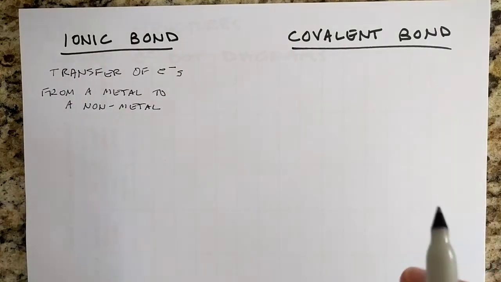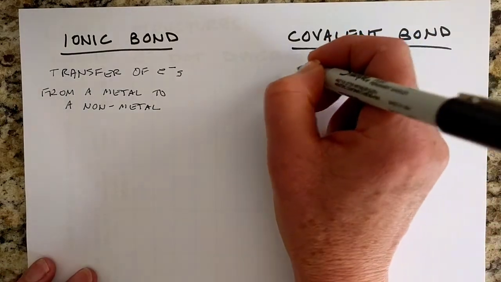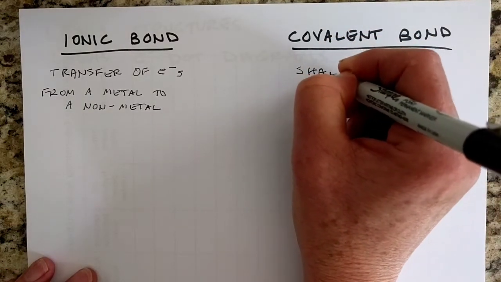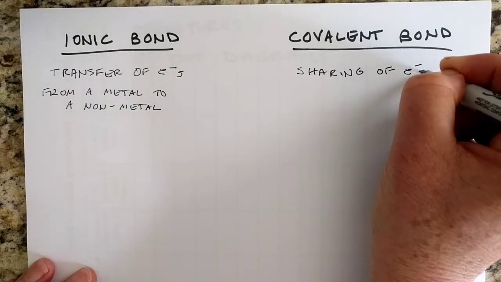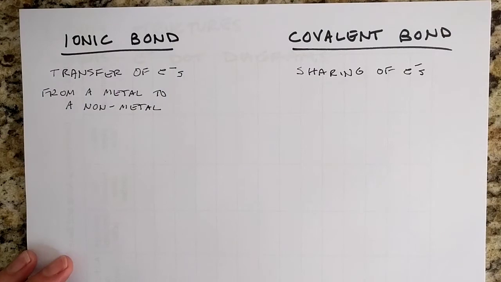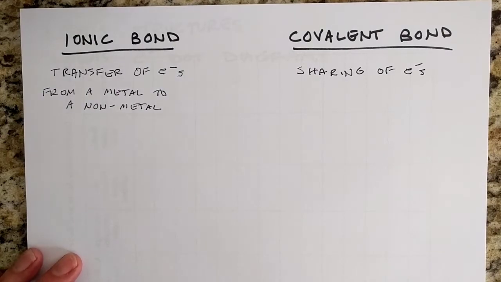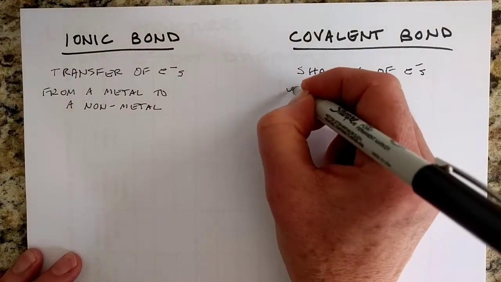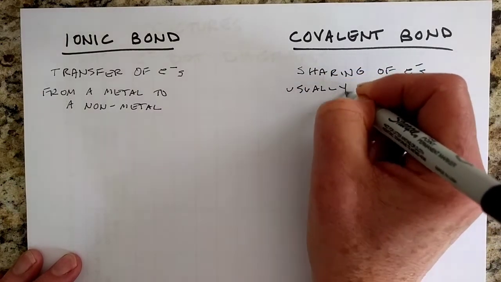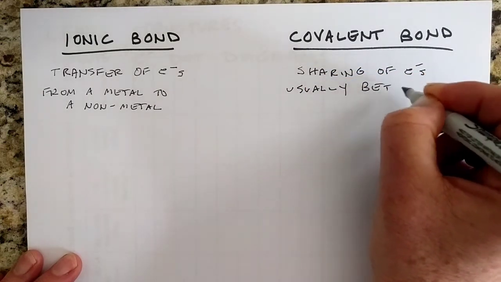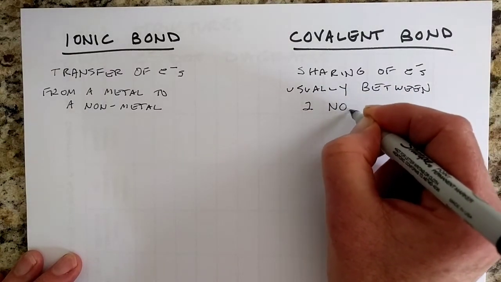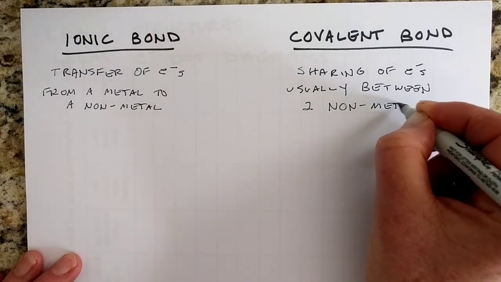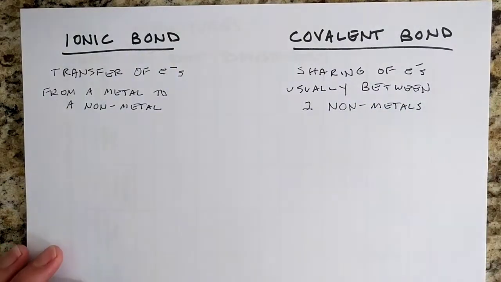All right, a covalent bond, on the other side, involves the sharing of electrons. And that is usually between two non-metals. So remember, we're going to use the staircase.